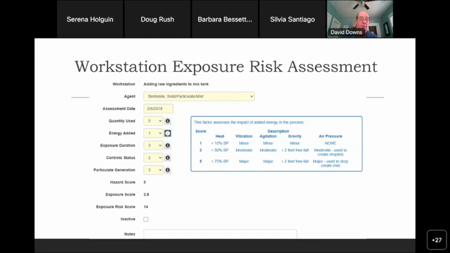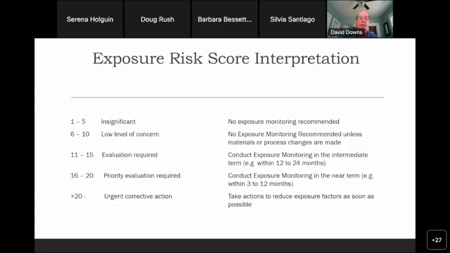The hazard score comes across from the identification of the material itself. In this case, bentonite does have a high hazard score because it has silica in it. And then you multiply the hazard score times the exposure score and get an exposure risk score of 14 in this case. Now, how that's used is defined here.